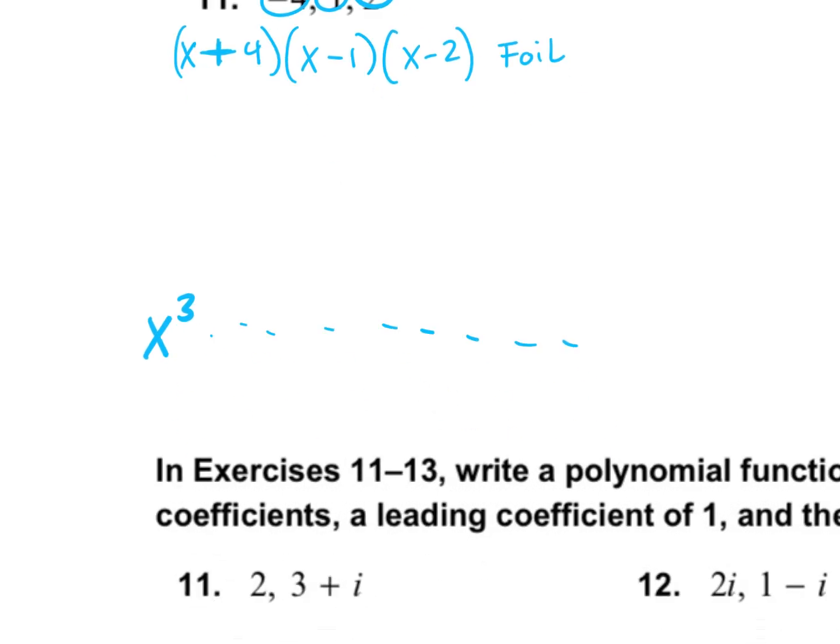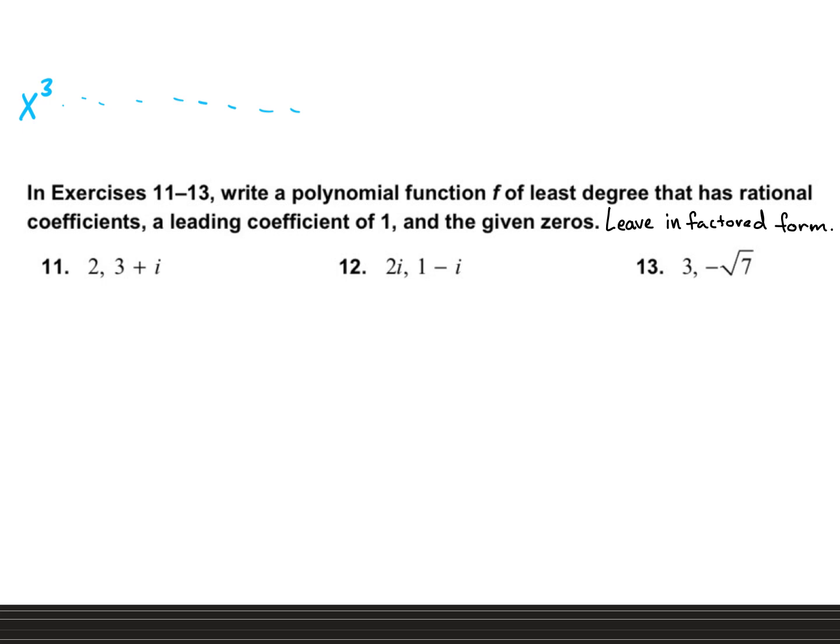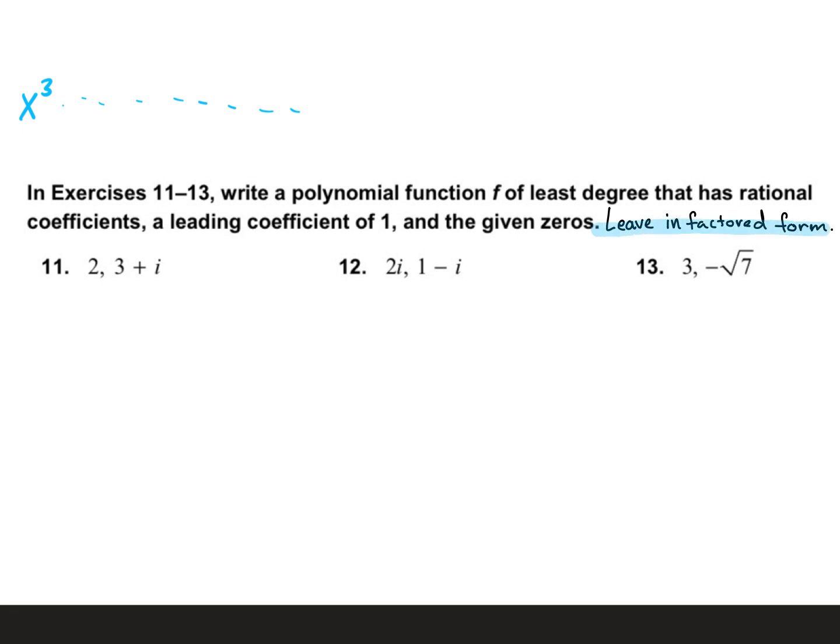All right, so at the bottom, notice the directions here are a little bit different. They say leave in factored form. So here we're just writing out all of our missing factors and leaving it as x minus whatever the number is.